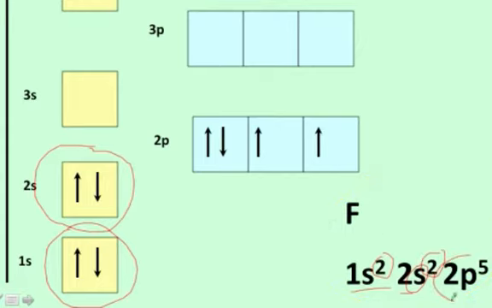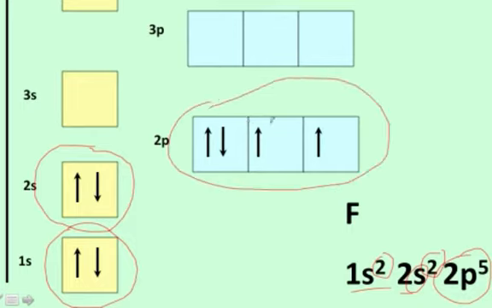Now fluorine has 9 electrons in it altogether. It has an atomic number of 9, it's got 9 protons, so therefore it's going to have 9 electrons. So far I've only used 8 of my electrons here, and you can see that what I first started to do was fill up different p orbitals within this p subshell, because electrons don't like to be paired unless they absolutely have to be.